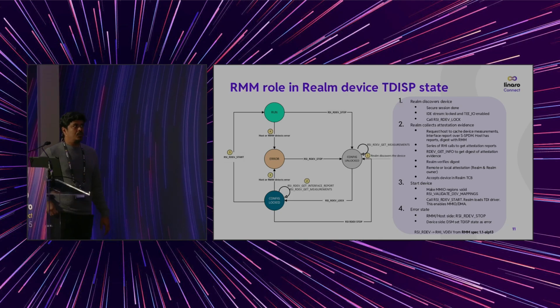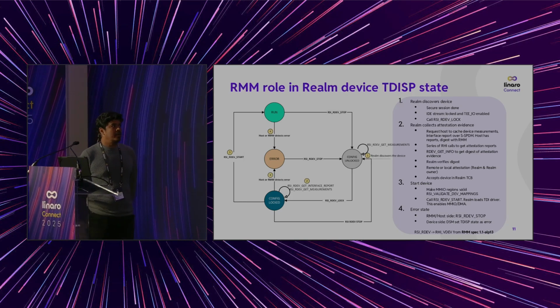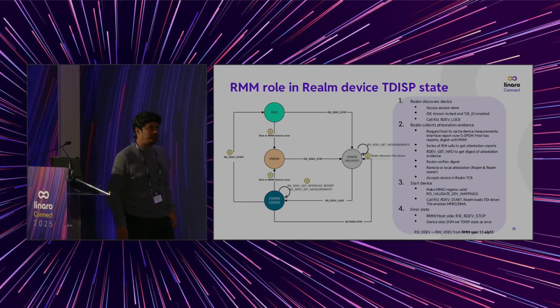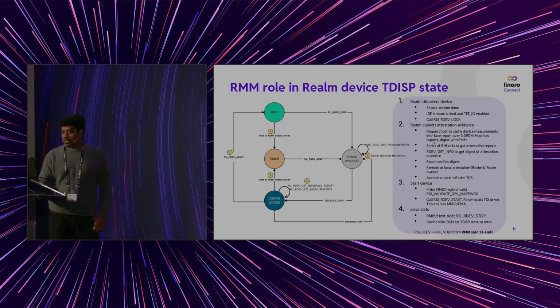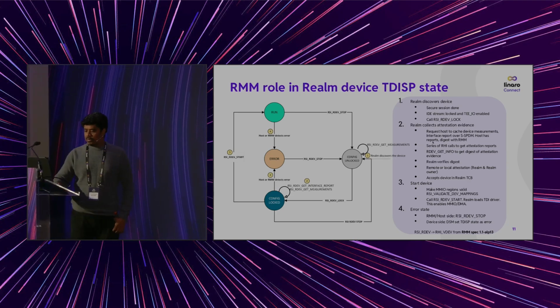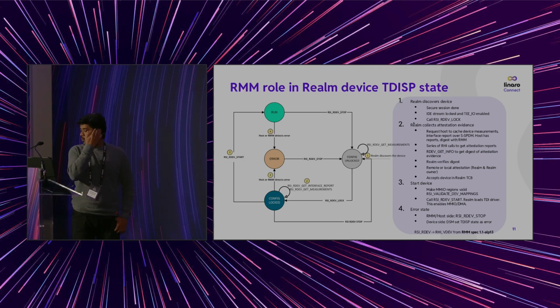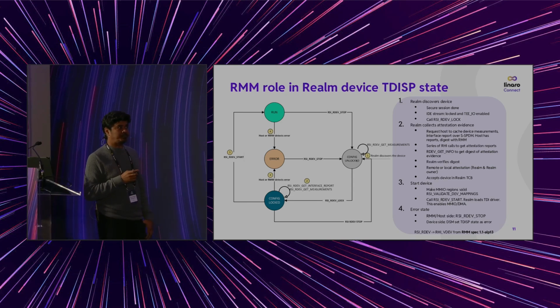And coming to the RMM role in the realm device TDISP state, once the realm discovers the device, which happens when the realm boots, as part of the device enumeration process, it will find a device, and at that point the device will be in a config unlocked state.